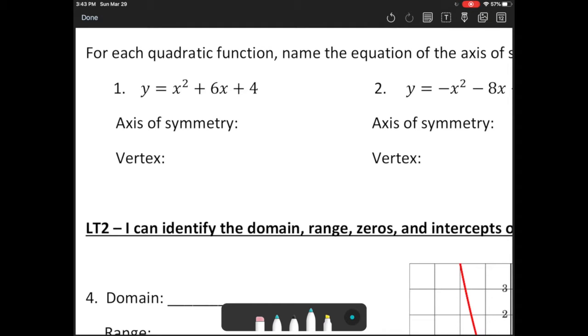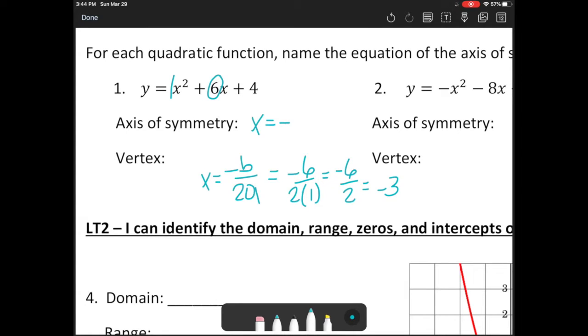We call it the discriminant, and it's x equals negative b over 2a. So b is 6, so that would be negative 6 over 2 times a is 1. That would be negative 6 over 2, which would be negative 3. So the axis of symmetry would be x equals negative 3.